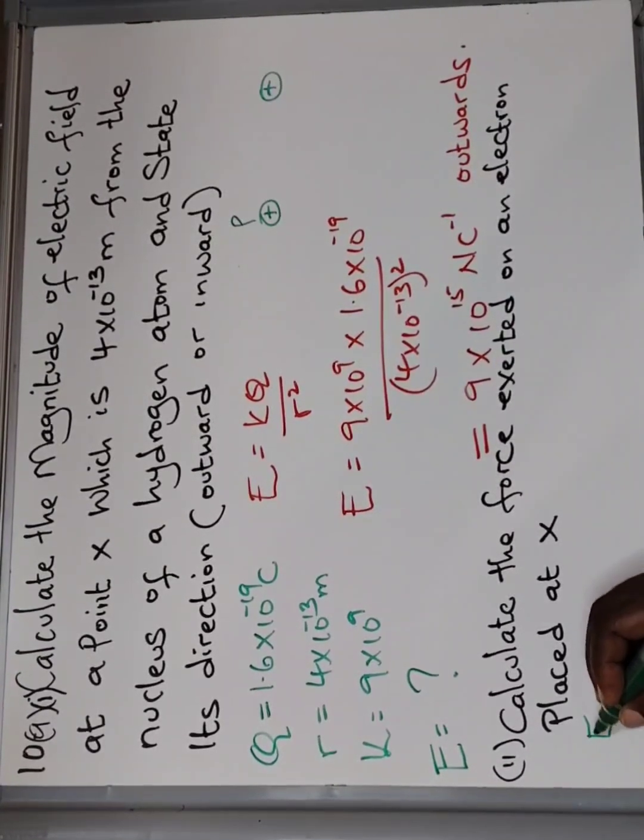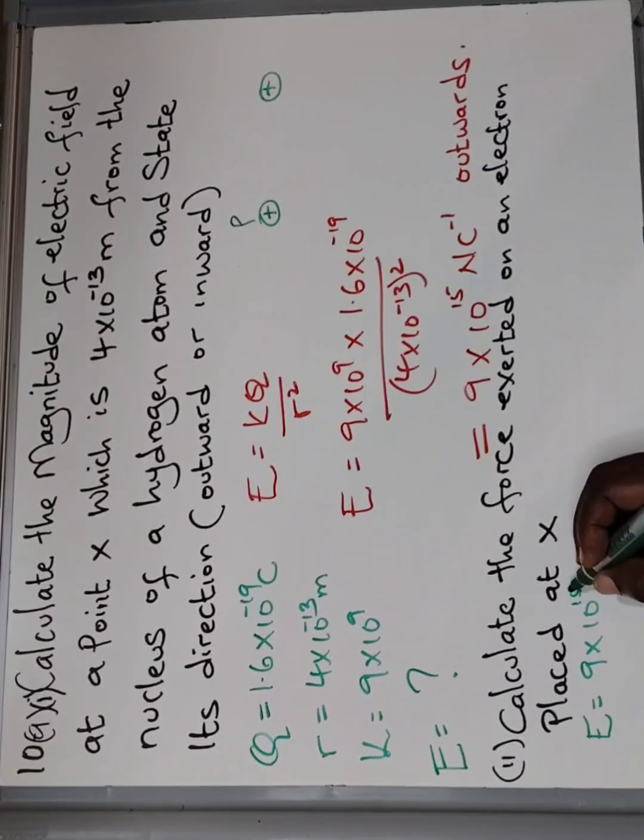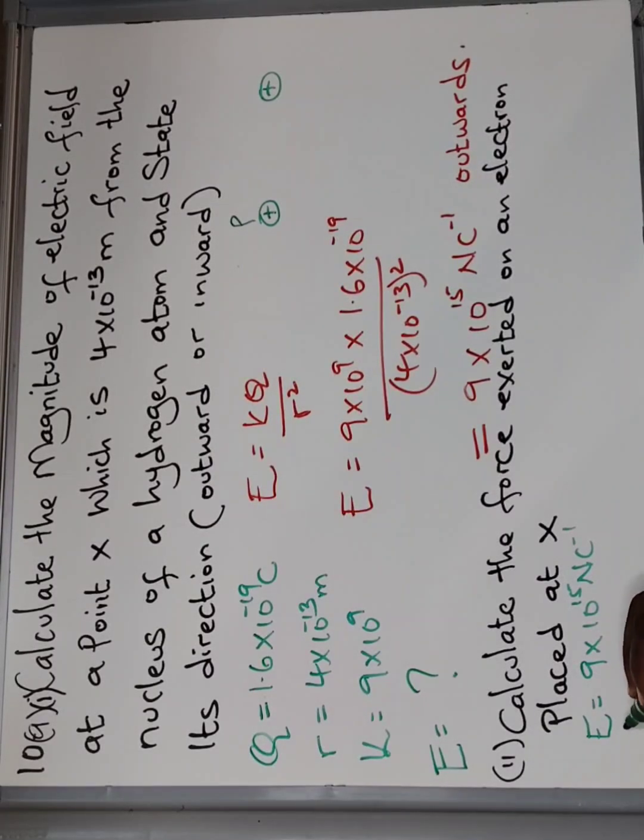We know E at X, and it is 9 times 10 power 15 Newton per Coulomb. What else do we know? We know the charge of our electron, which is 1.6 times 10 power minus 19 Coulomb.